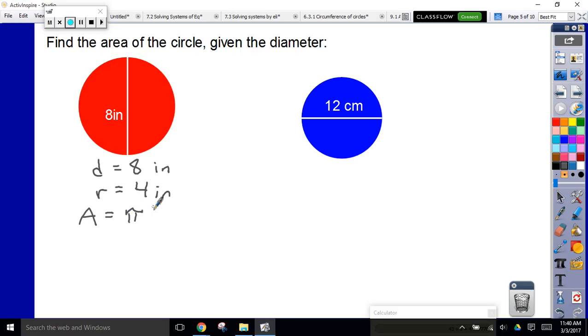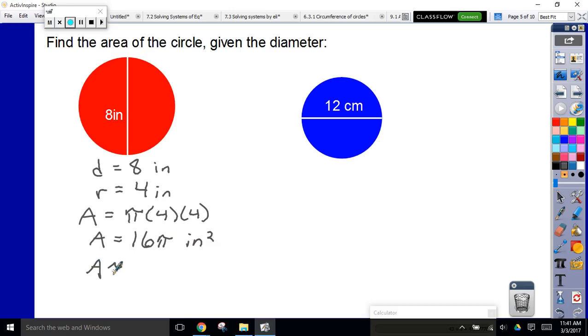Good. Pi times 4 times 4, which is what? 16. Good. 16 pi. And what are my units? Inches squared. Good.